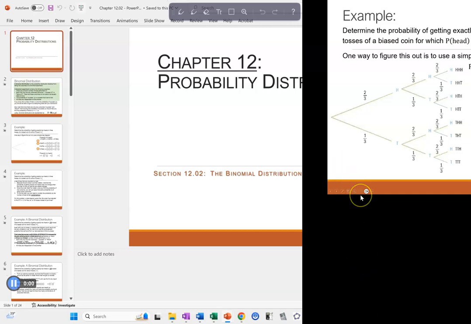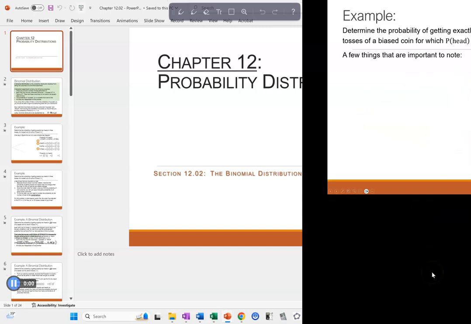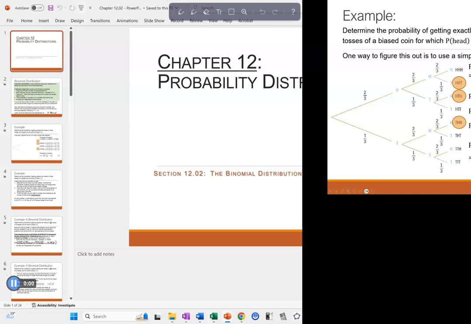All right. So exactly 2 heads. There's 3 of those, so we can go and follow along our path. So 2/3 times 1/3 times 2/3, or 2/3 times 2/3 times 1/3, or 1/3 times 2/3 times 2/3. Either way, we get that. And we add those all up.